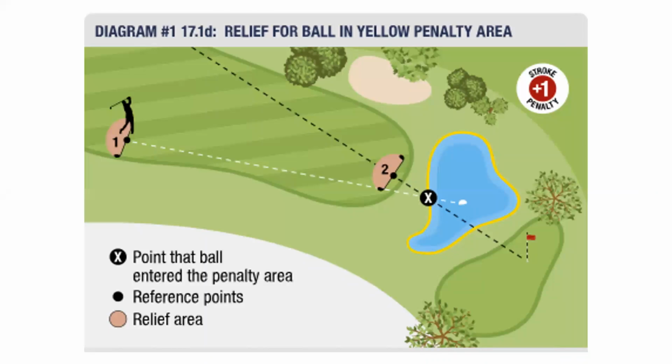So once we determine that reference point and that one club length, if it is in two parts, wherever it hits is where the actual relief area is defined, if that makes sense. The way I'm reading that is, let's say there's bunker and general area in the relief area, and you drop it in the bunker, that's okay, as long as it stays there. Correct. Yep.